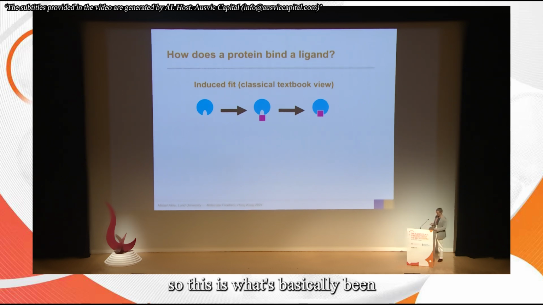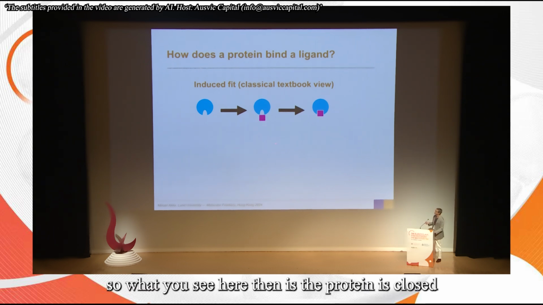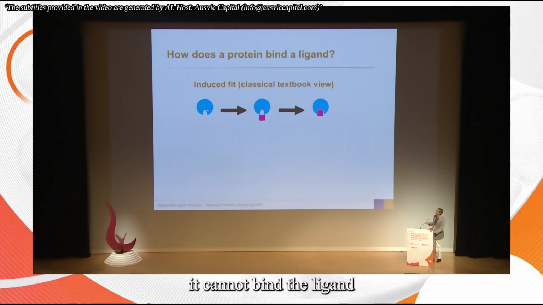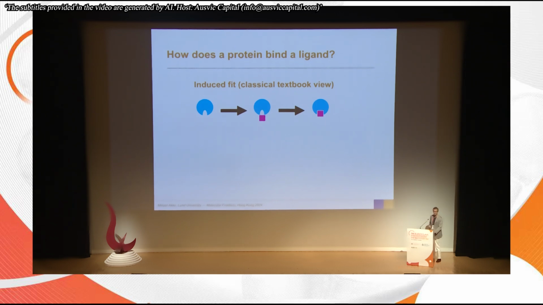This is what's been dominating the textbooks at maybe high school level, but certainly college level, all the way back since the 1960s. Koshland introduced this term, I think. So what you see here is the protein is closed. It cannot bind the ligand. The ligand approaches the protein and induces a fit in the protein. It makes the protein change its shape, and now the ligand can bind.